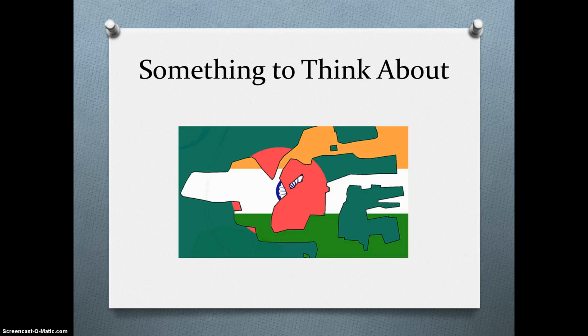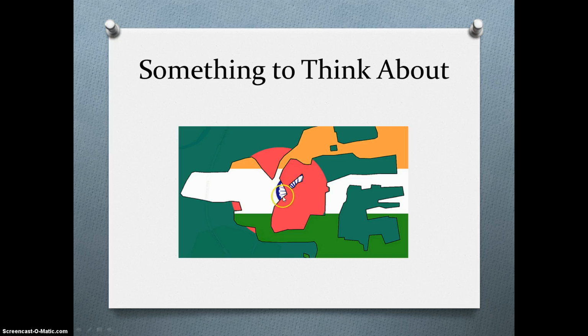And so now here's something to think about. If you look at this map, there's this little part of India that's completely surrounded by Bangladesh, which is then completely surrounded by India, which is then completely surrounded by Bangladesh. This is the world's only third order enclave. And so what you might want to think about is, imagine if you're India in this situation, or you're Bangladesh in this situation.